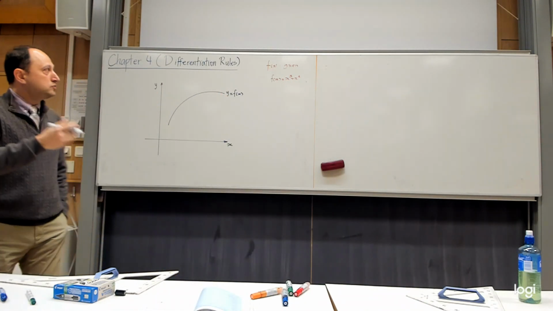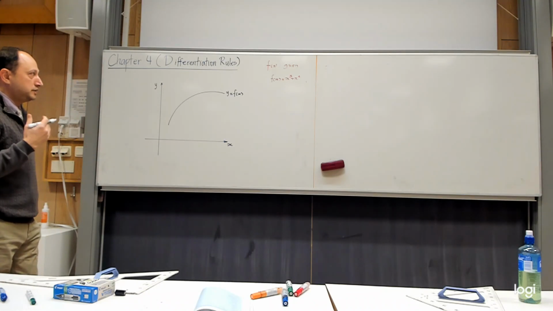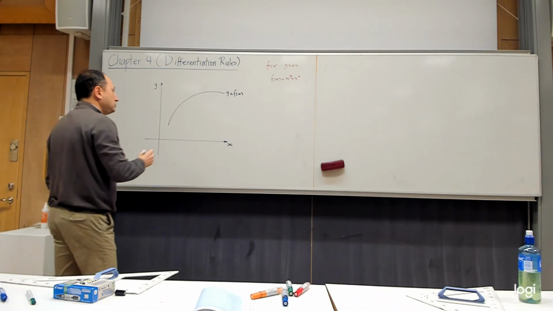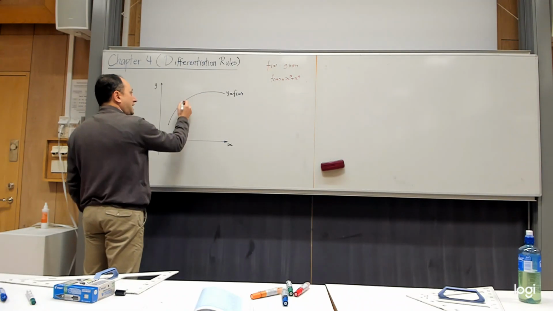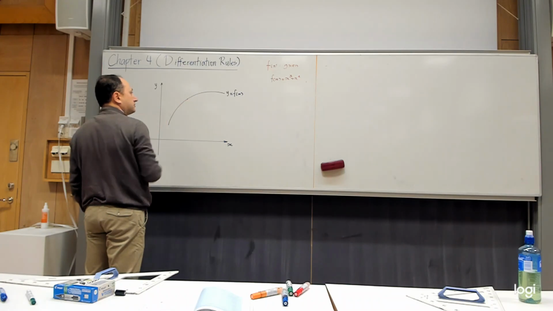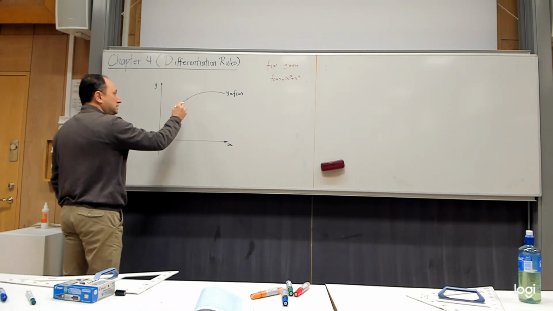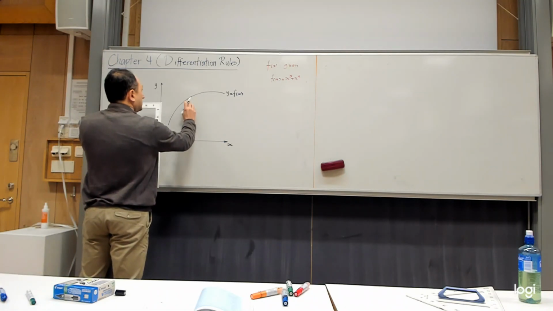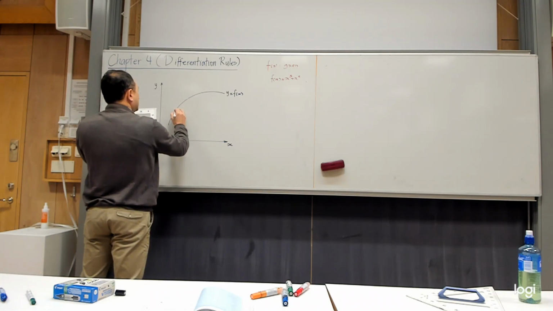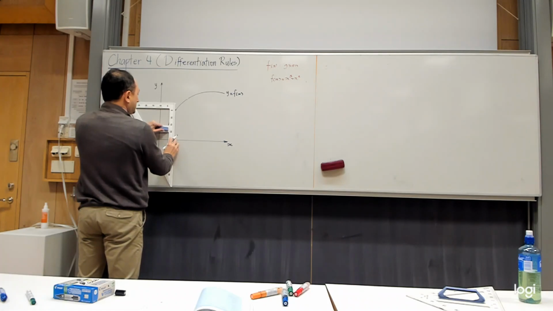Assume a function is given to you, whatever it is, and you draw or imagine its graph and pick a point on the graph. Let me consider the x coordinate of this point to be a.